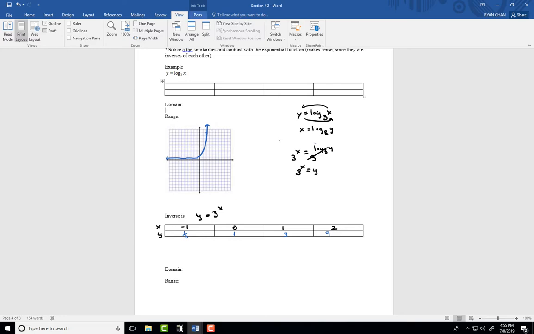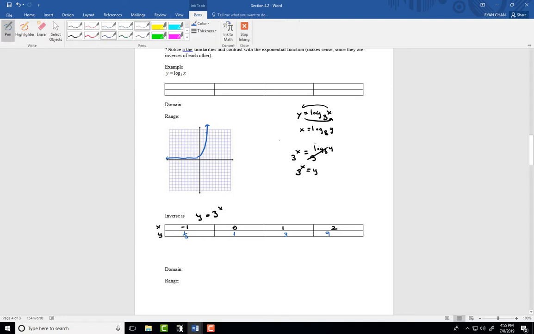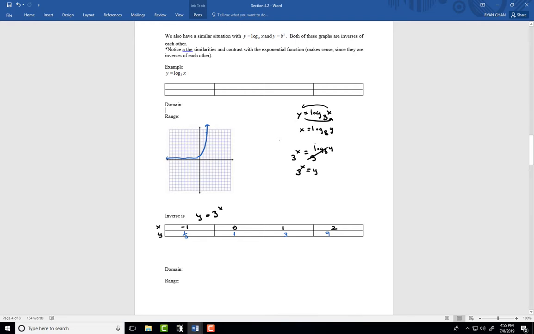If I want to graph log base 3 of x, we know they're inverses of each other. And if you recall, what does it mean if they're inverses? Inverses means your x and y swap around. So my new y becomes my x, and my x becomes my y.